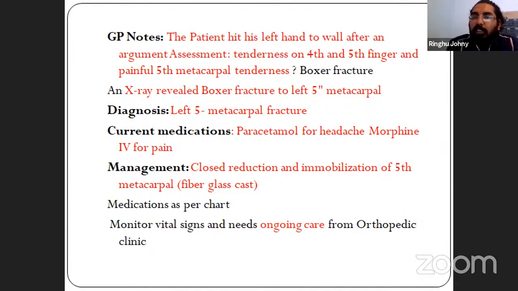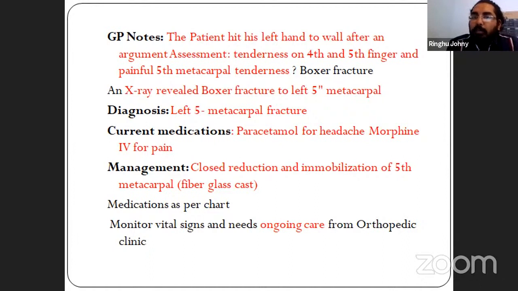Now comes the procedure. So what will we write? Or we can write the medication here. So how do we write? He was managed with what? Or he was treated, or he was commenced on current medication. For what?